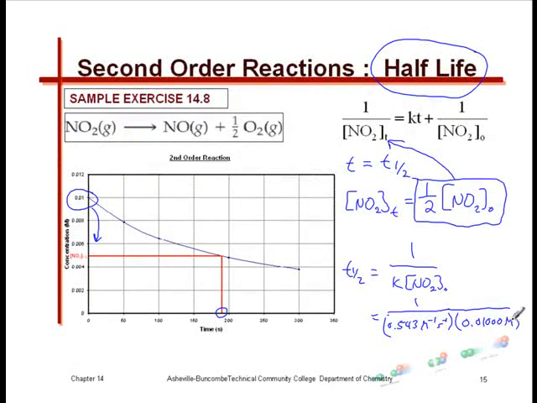That's in molar. If I plug and chug, then it tells me that it's 184 seconds, which, notice that the line here is coming in just below 200. So it is consistent with the graphical method that we see up here. And of the 4 reactions that we've seen in this particular presentation, this one is the slowest under the conditions given.